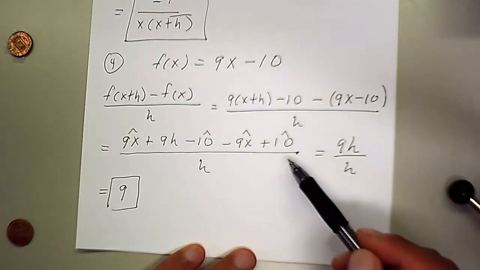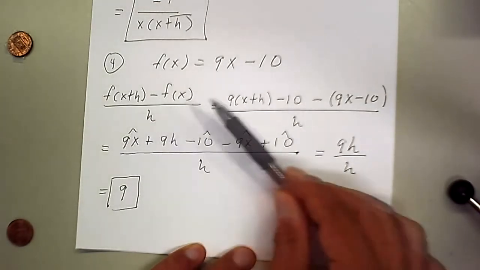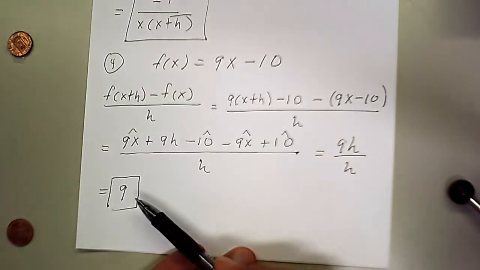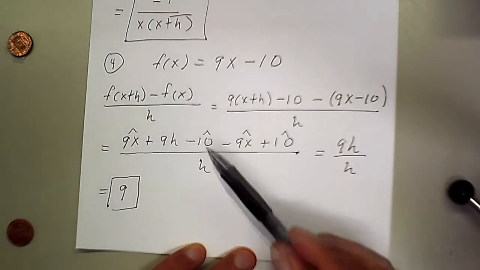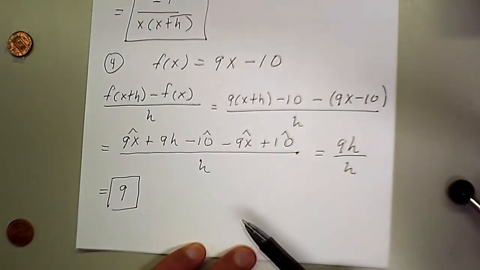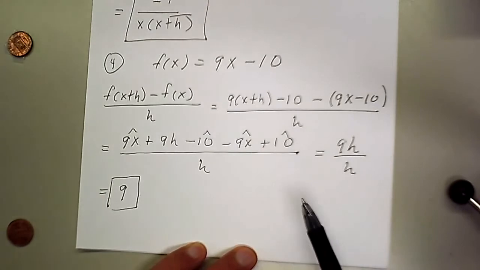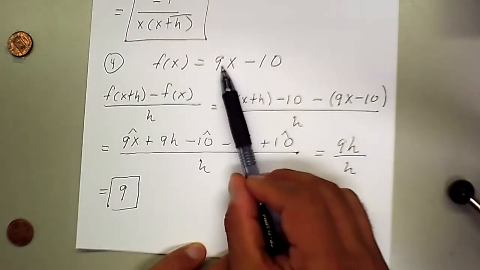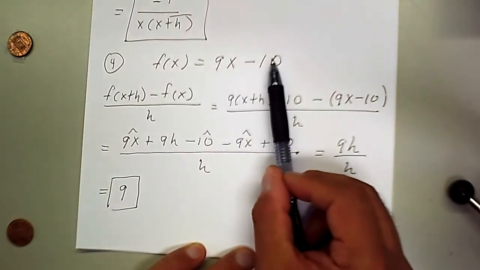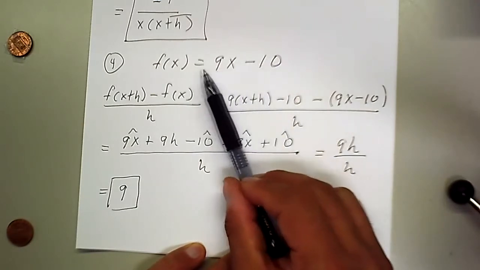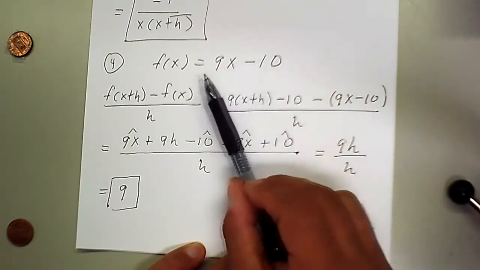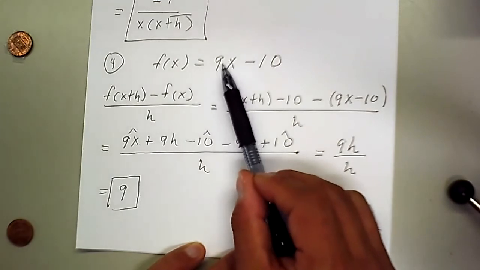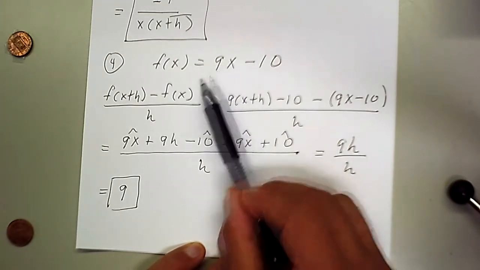So now, when we ask to find the difference quotient, we expect students to show all of this work, because even though they probably will know in advance the answer is going to be 9, they still have to do this work to show how the formula works. But yes, every time you have a straight line such as mx plus b, the slope will always be the slope, which in this case is 9.